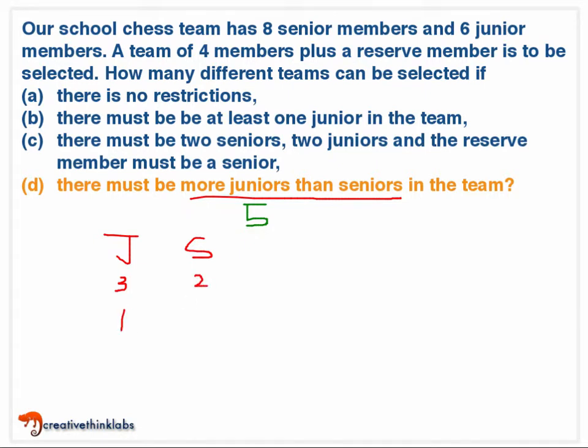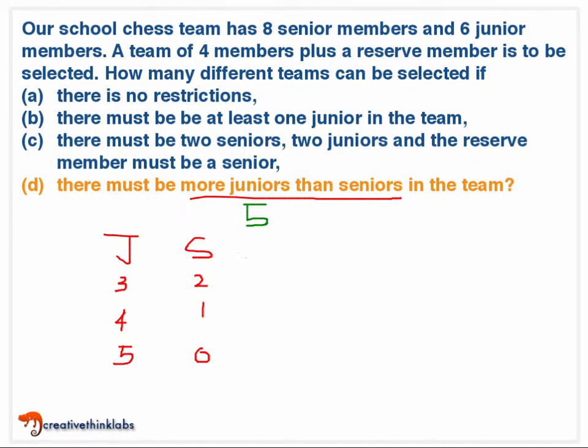The other possibility is 4 juniors and only 1 senior, or I can have 5 juniors and 0 seniors. In some questions you have to initially think of all the possible scenarios before you start tabulating or computing the answer that you need.